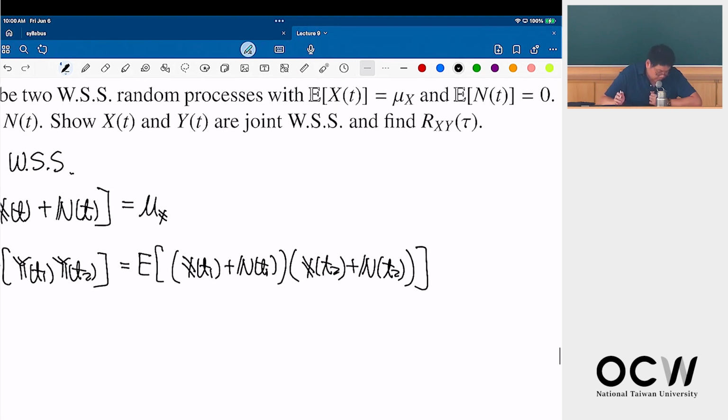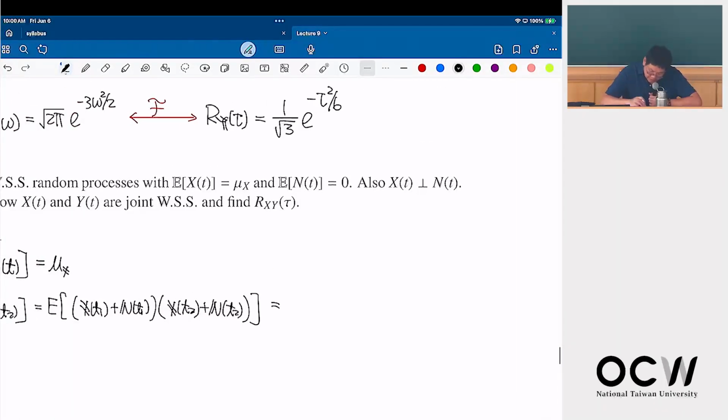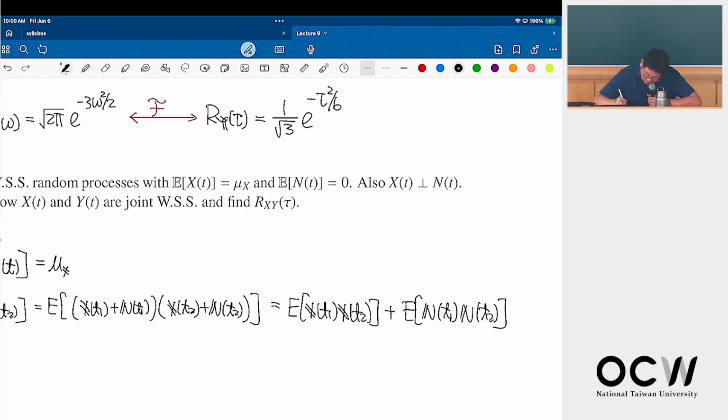And they are independent, so we can separate the terms here. That'll be x T1 times x T2, and the other term, n T1 n T2.